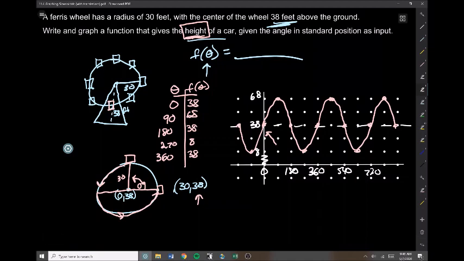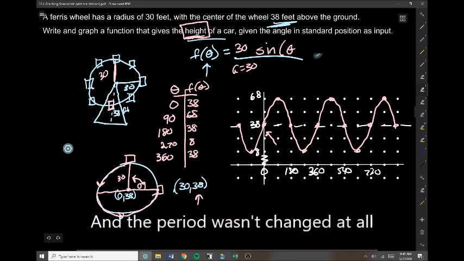This function is going to be written as a sine of theta. The amplitude of this function is 30. It goes up as high as 30 from the middle, so our a value is 30. This function wasn't translated left or right at all, but it was translated up 38.